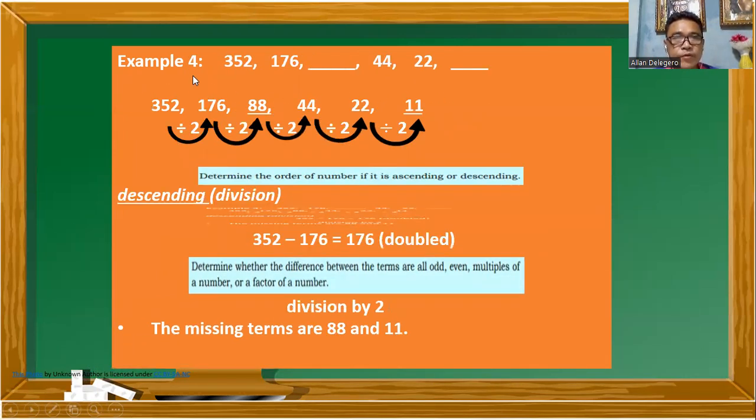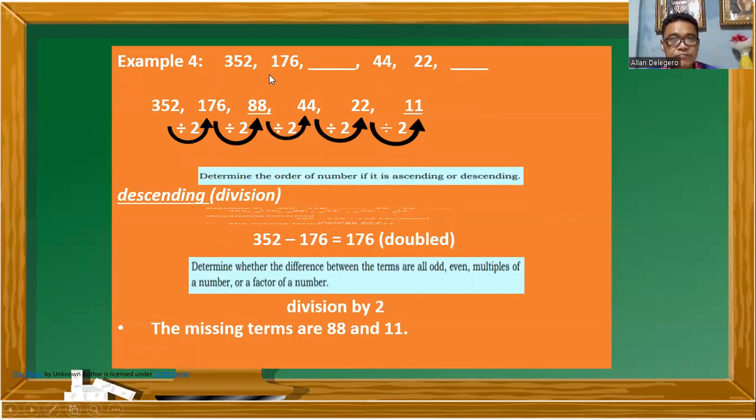Example number 4. 352, 176, blank, 44, blank, 22, blank. So the order is descending order from greatest to least.